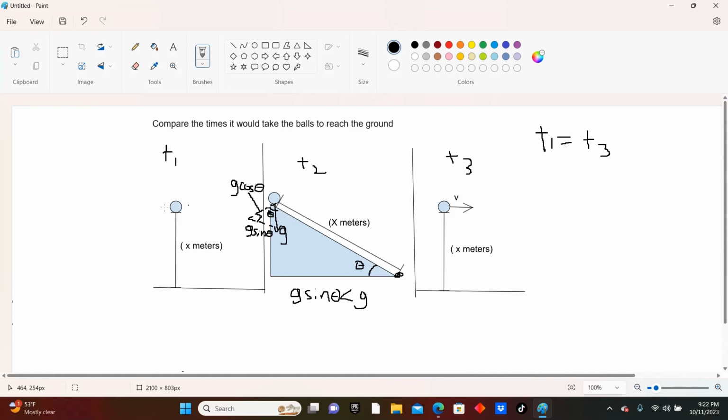So just to illustrate, I can write a2, acceleration 2 is less than acceleration 1, and acceleration 1 is equal to acceleration 3. So because it has less acceleration for scenario 2, it will take more time to reach the end, and therefore t2 is greater than t1 and t3.